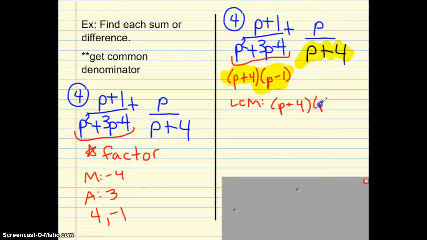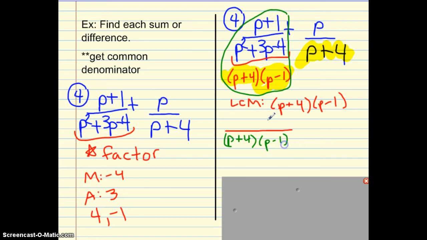So I won't have to change much in this first one because I already have my common denominator. So my p plus 1 on top just stays.